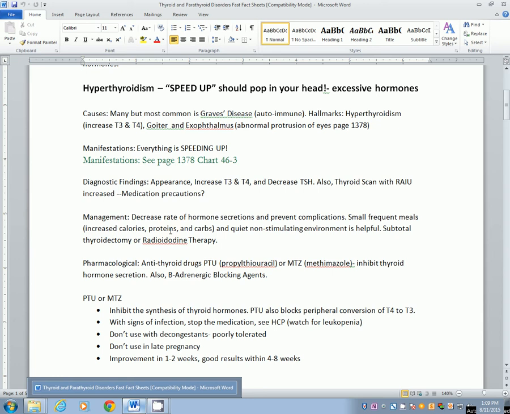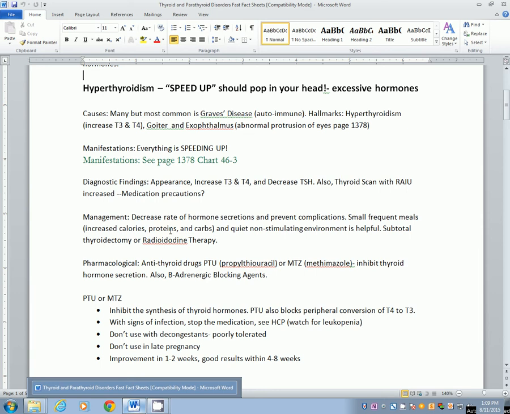As far as when to take it and how long to take it, a patient with hyperthyroidism will have an increased uptake of iodine that I talked about earlier, more than 35%. So what an RAIU does is it measures the activity of the thyroid.